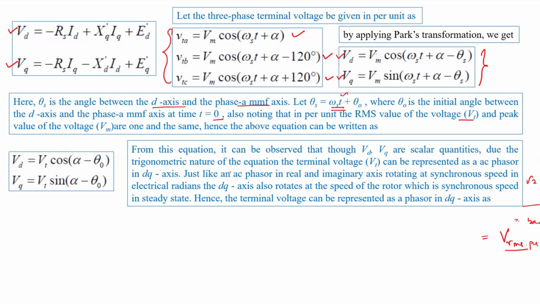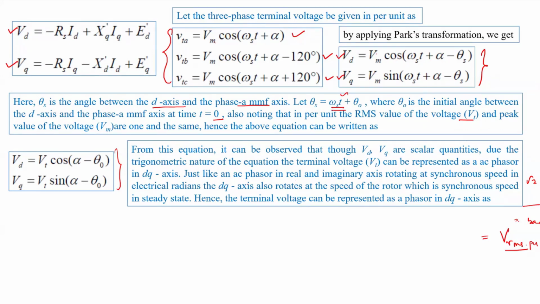Due to the trigonometric nature of the equations for Vd and Vq, the terminal voltage can also be represented as an AC phasor, with the dq axes as the imaginary and real axes. The d axis and q axis look exactly like the real and imaginary axes.